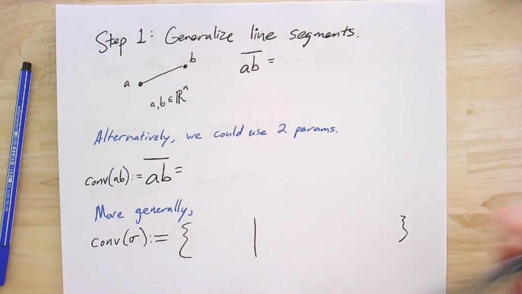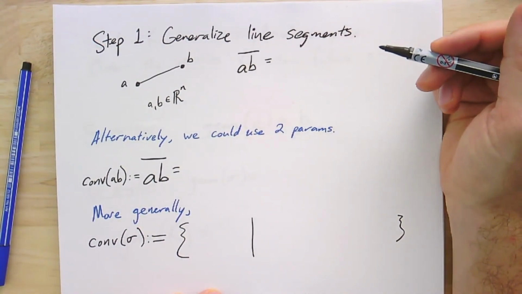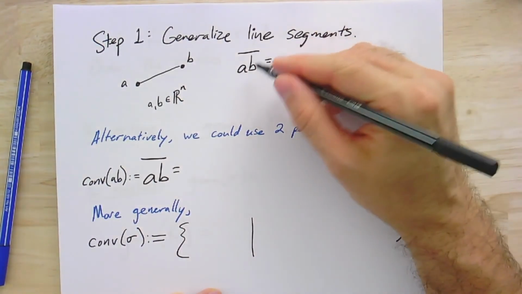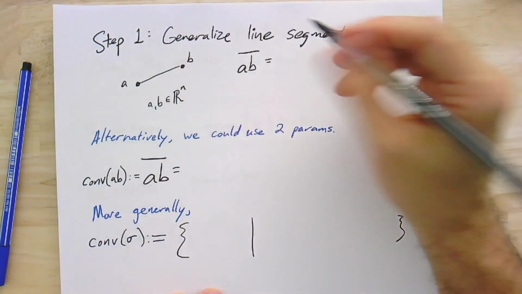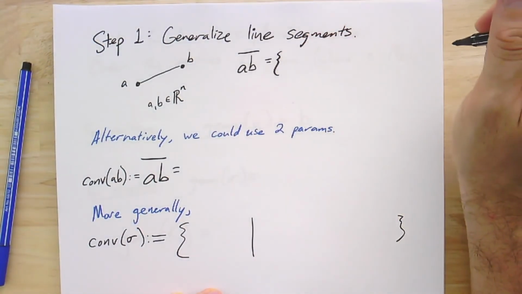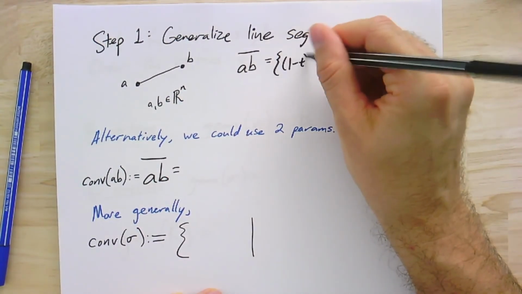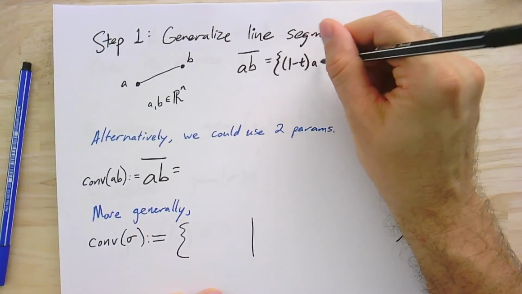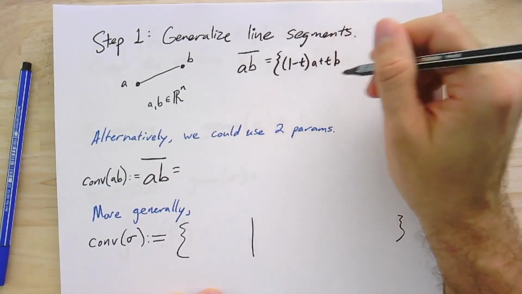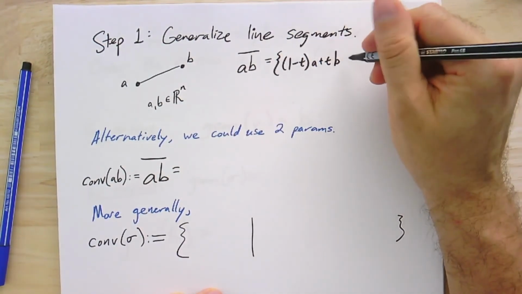Recall that the edges in the geometric realization of a graph were embedded in Euclidean space as line segments. So if we just remember the definition of a line segment, if A and B are 2 points in Rn, we can write this line segment as the set of all points that look like this: (1 minus t) times A plus t times B. Now I'm doing scalar multiplication and addition because I'm treating these points as vectors in Rn.